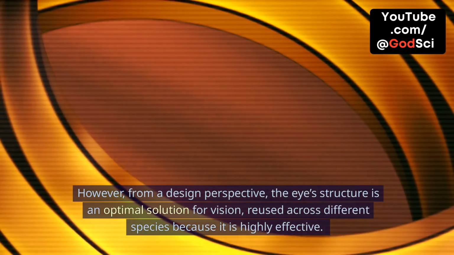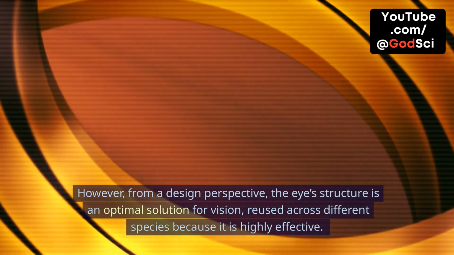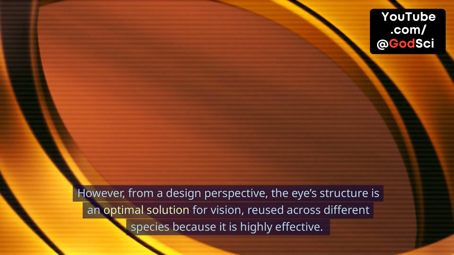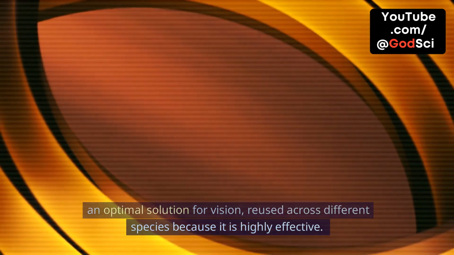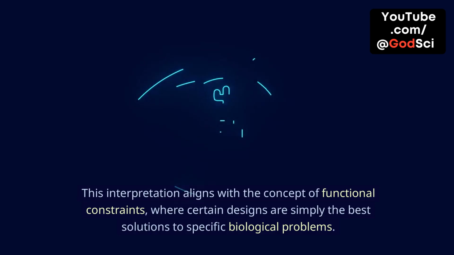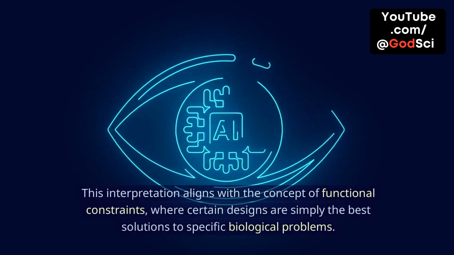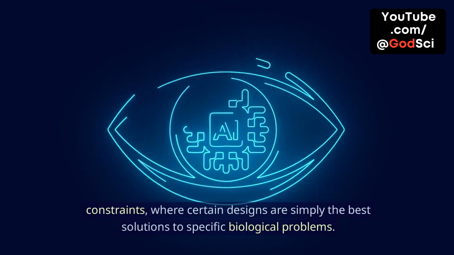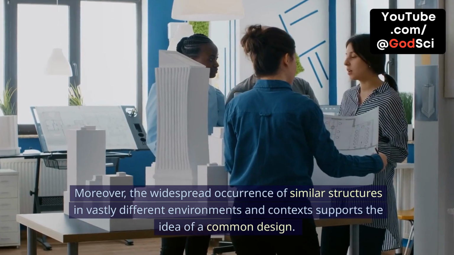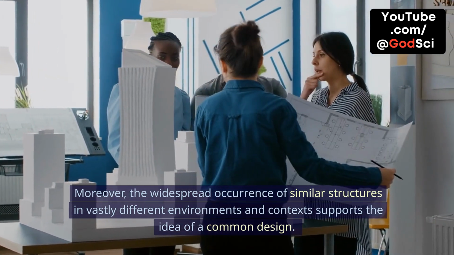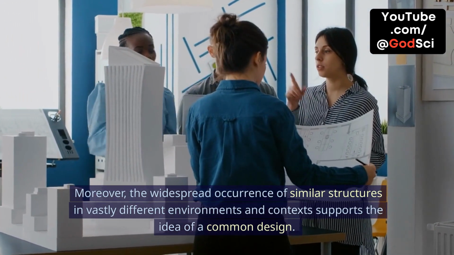However, from a design perspective, the eye's structure is an optimal solution for vision, reused across different species because it is highly effective. This interpretation aligns with the concept of functional constraints, where certain designs are simply the best solutions to specific biological problems.